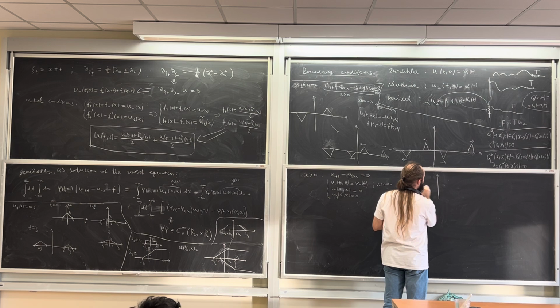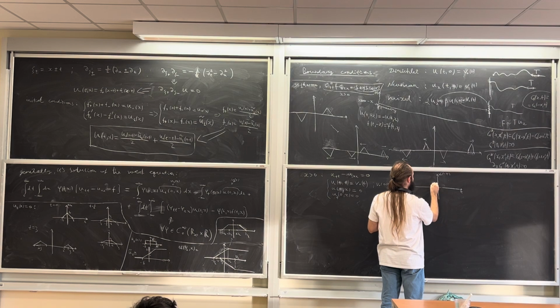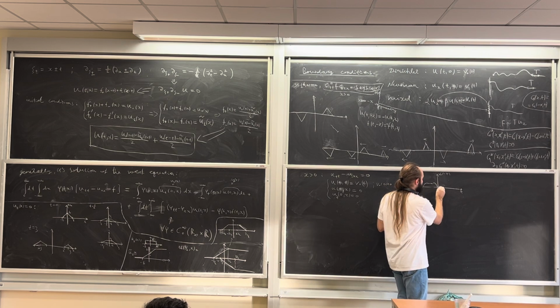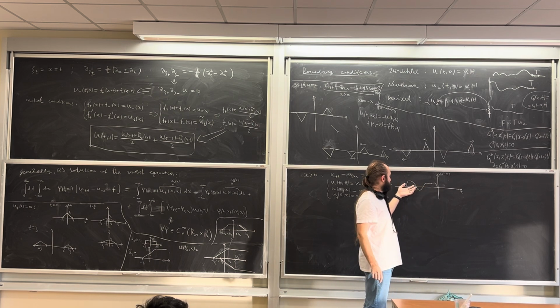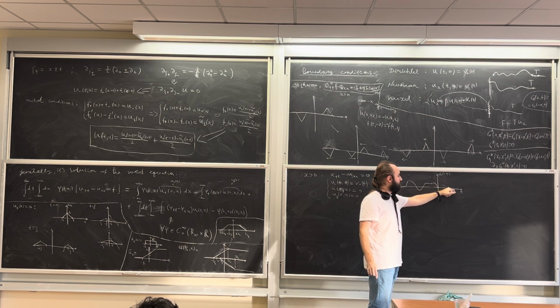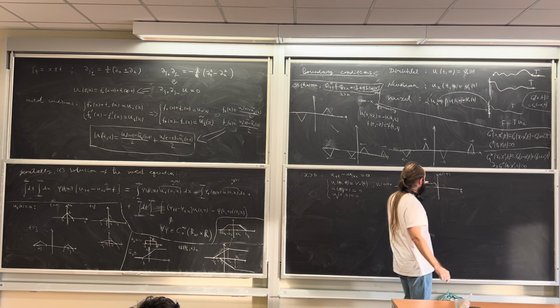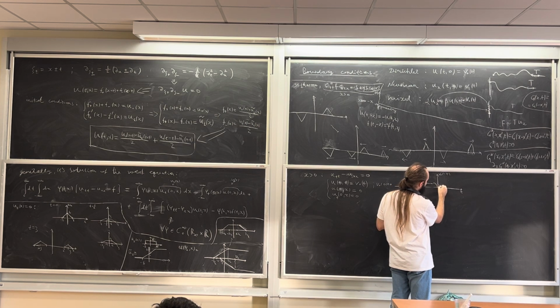Let's say that it is v0 of minus t, and let us imagine that we have the plot of this function on the negative line, and the positive half of the line is our string. So if you start to move this plot in this direction, then the value at 0 will be precisely what we want.